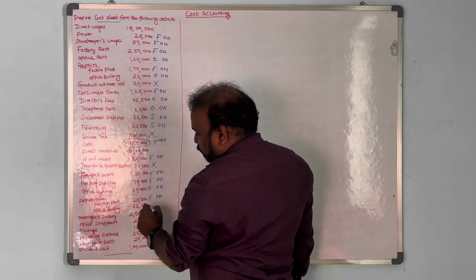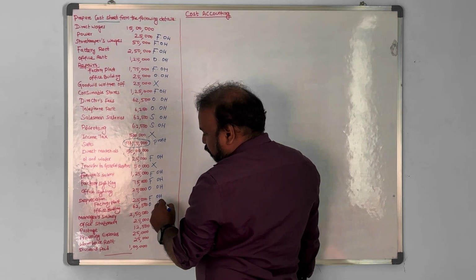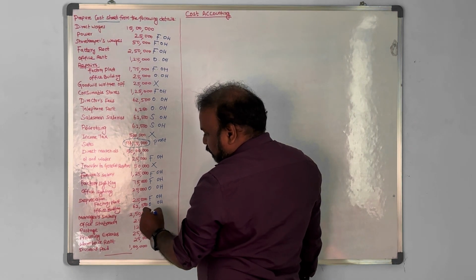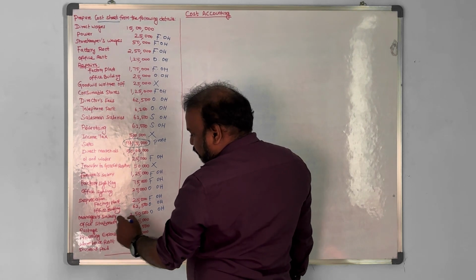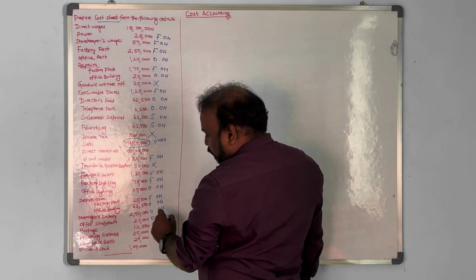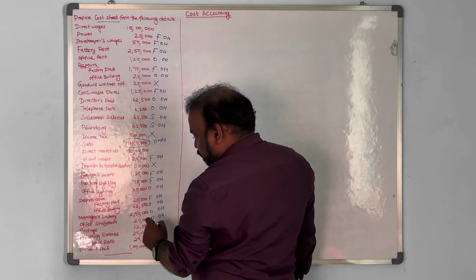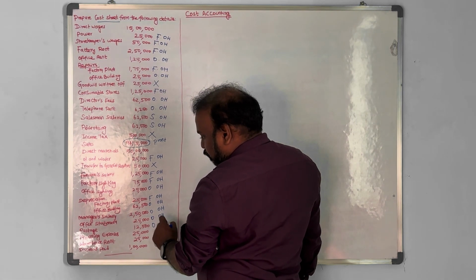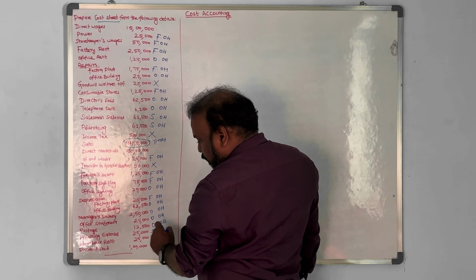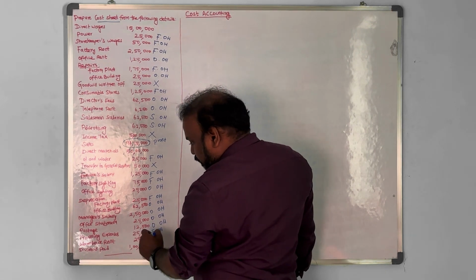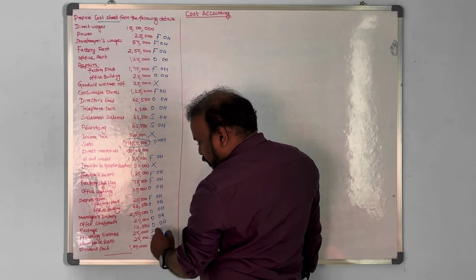Depreciation on office building comes under the office overhead. Manager salary comes under the office overhead. Office stationery, office overhead. Postage also comes under the office overhead. Traveling expenses, selling overhead. Warehouse rent, selling overhead.